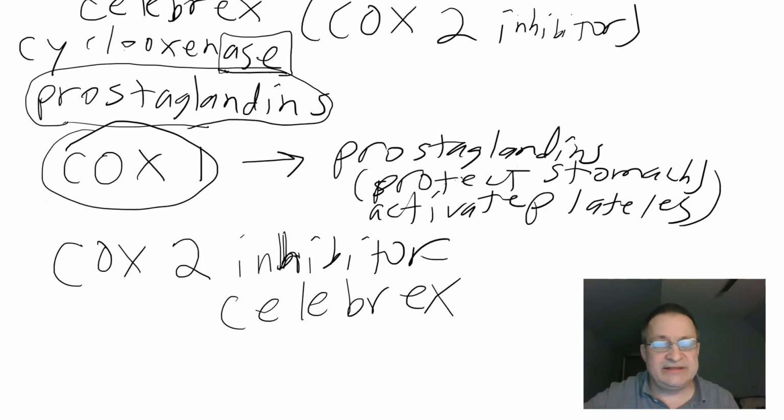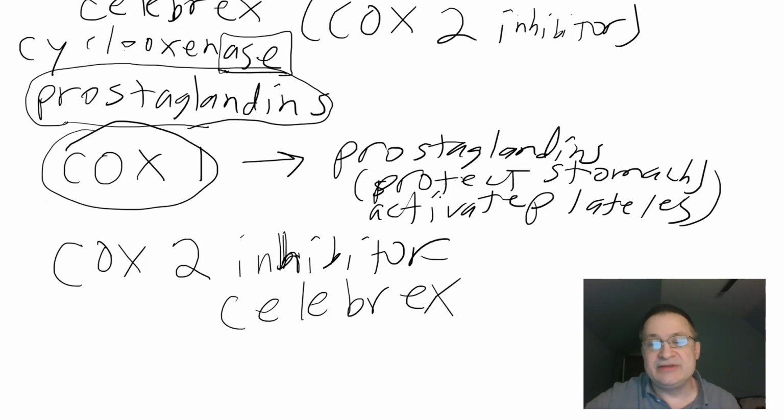The other medicines that I talked about, naproxen, ibuprofen, aspirin, all of those NSAIDs inhibit COX-1 and COX-2. If both are inhibited, then prostaglandins are inhibited, and therefore it doesn't protect the stomach.